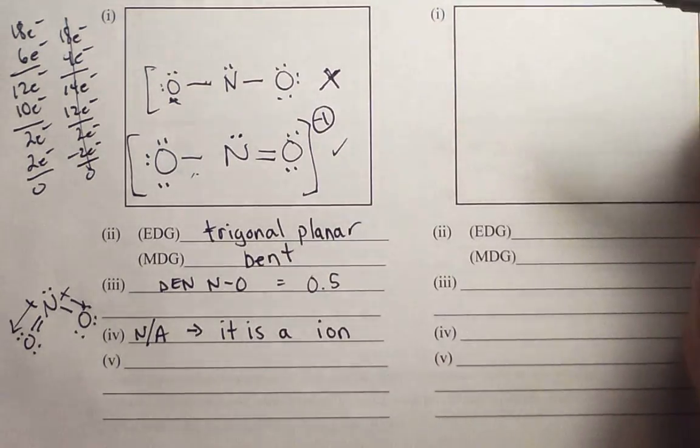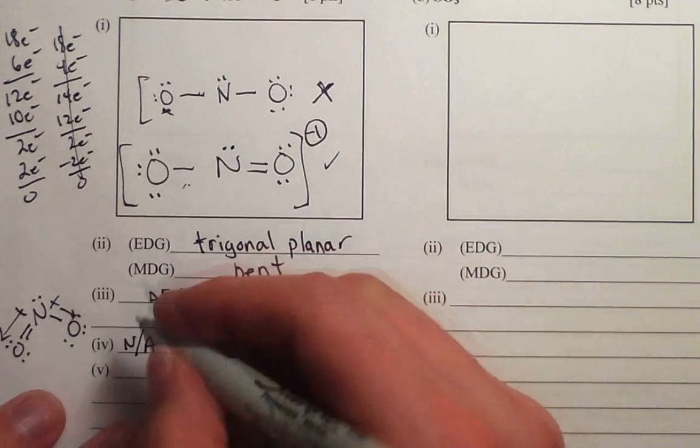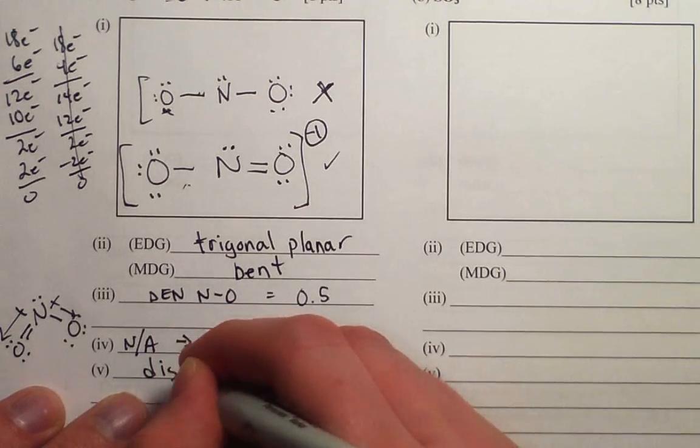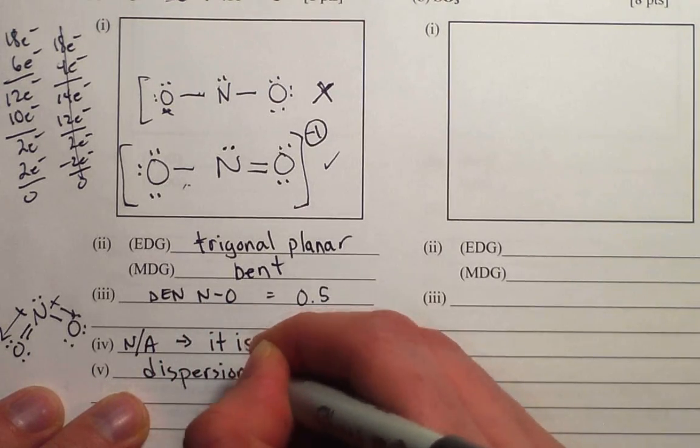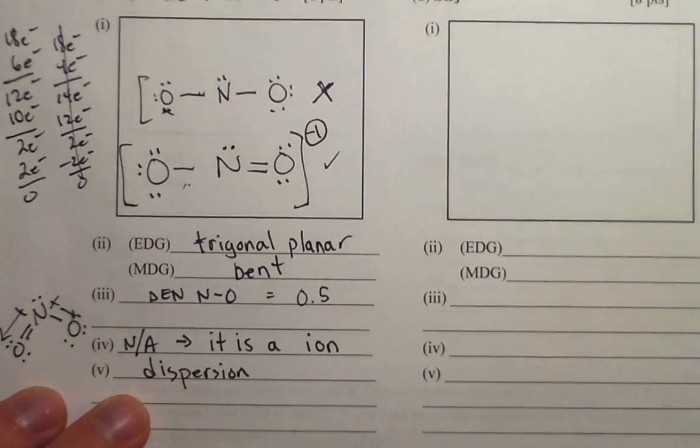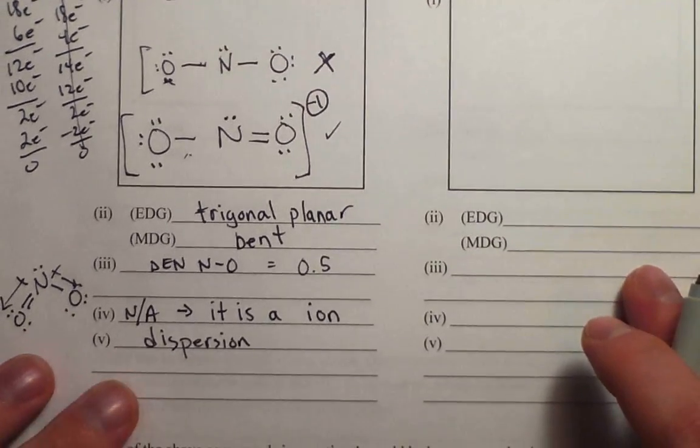Finally, it says determine the intermolecular forces present in the molecule. So we basically can start them all by just writing dispersion. There is dispersion in every single molecule. In this particular case, it will not be the most strong.